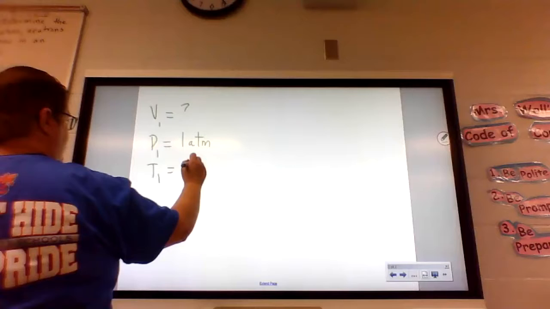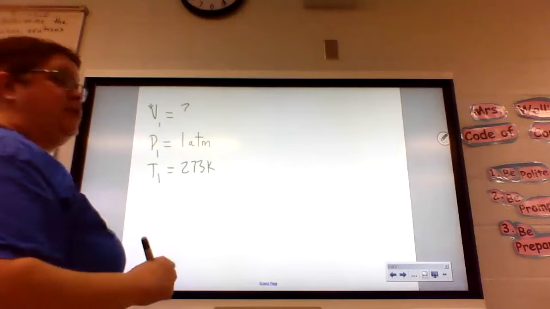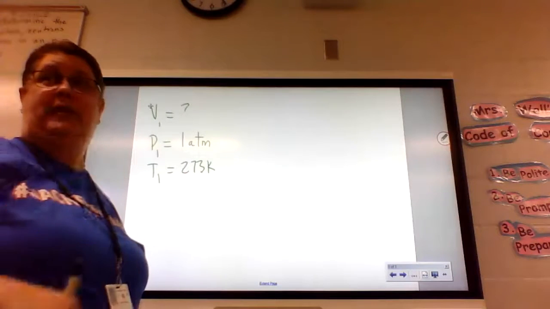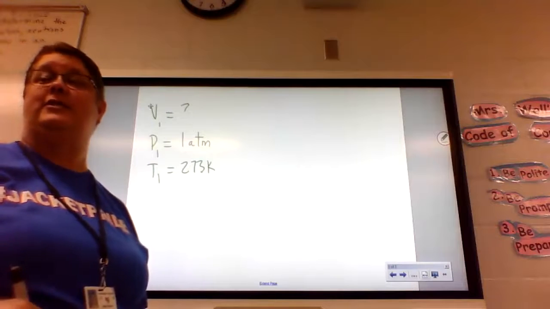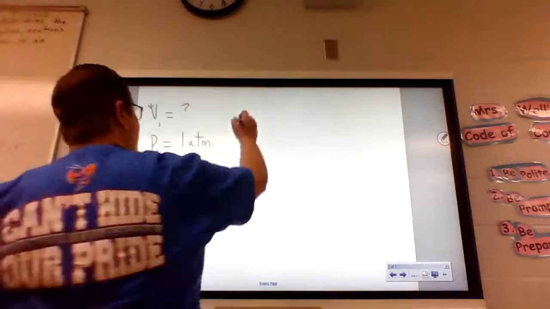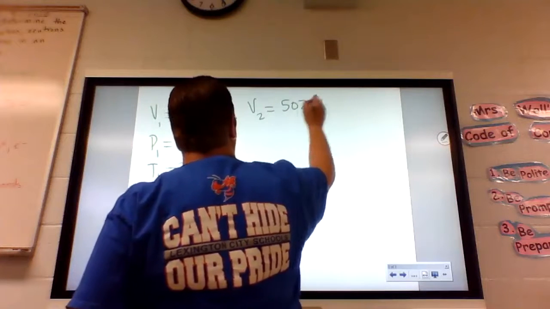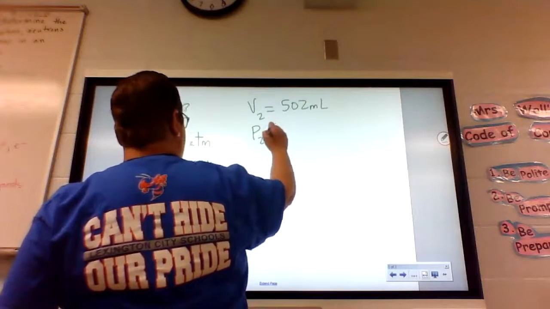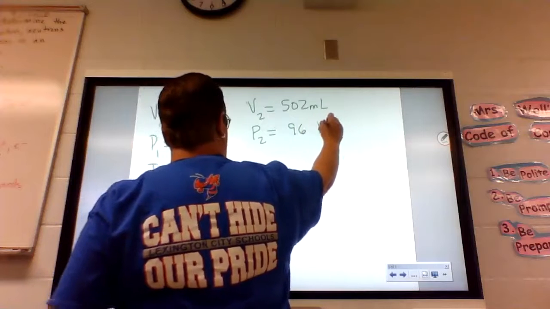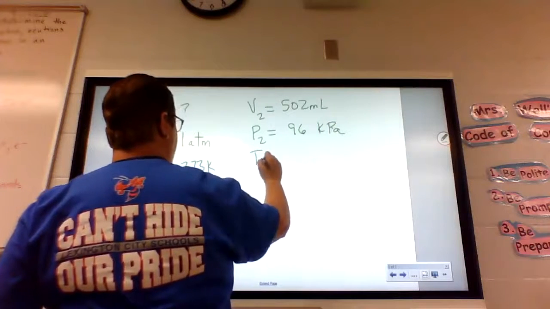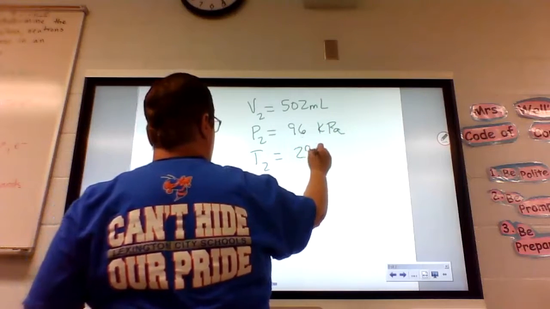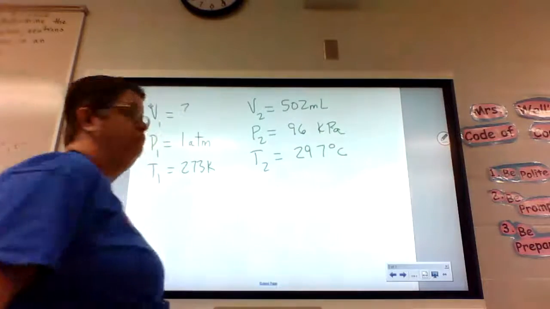So we're figuring out the first volume, not the second? Doesn't matter. It could just as easily be V2, P2, and T2, but the question mark has to stay with the STP. That 502 milliliters has to stay with the 96 kPa and the 29.7 degrees Celsius.